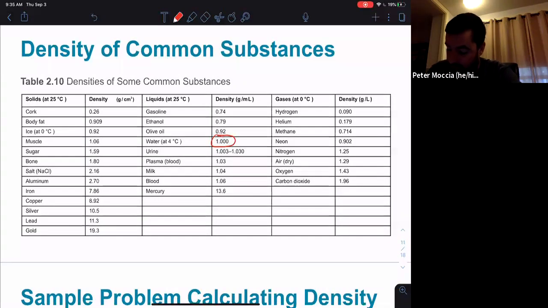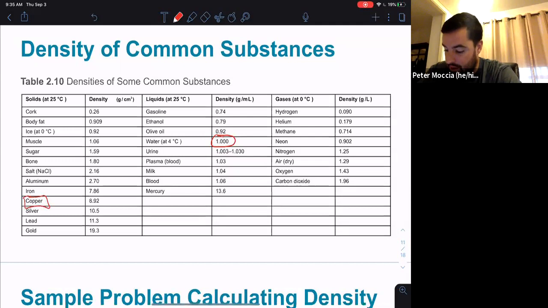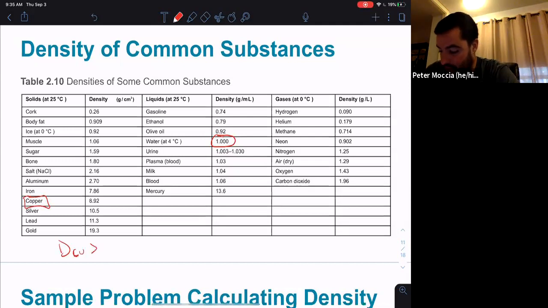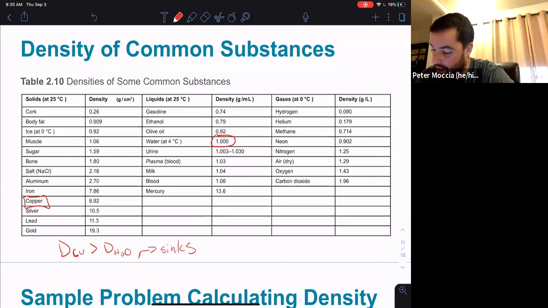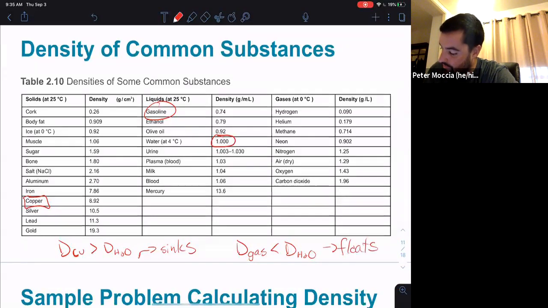For example, the density of copper is greater than the density of water, so it sinks. But the density of gasoline is less than the density of water, so it floats. Okay.